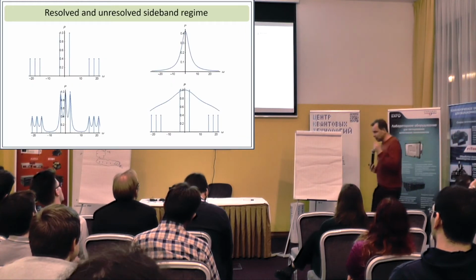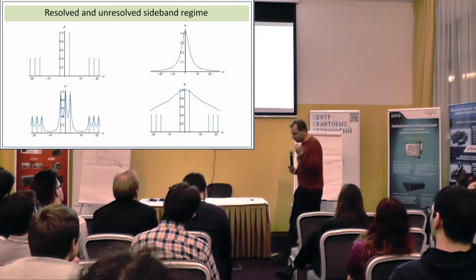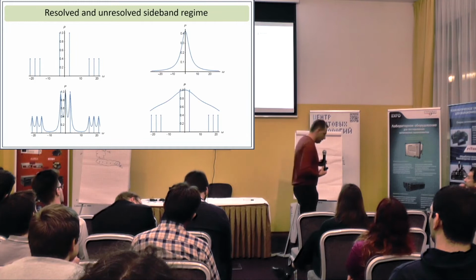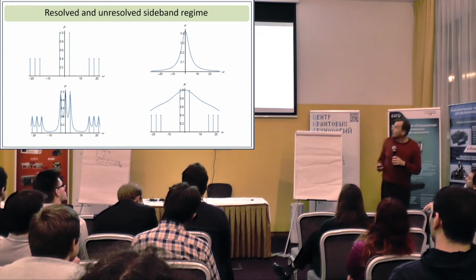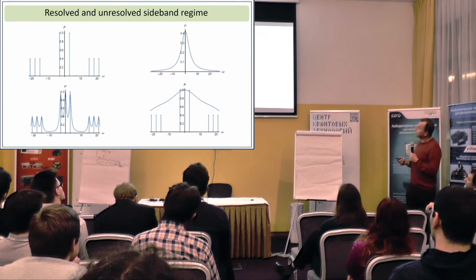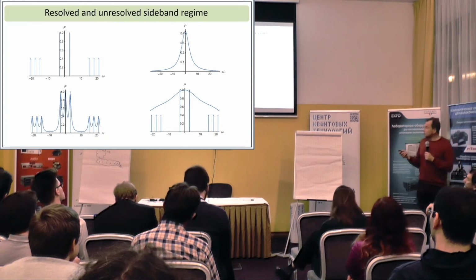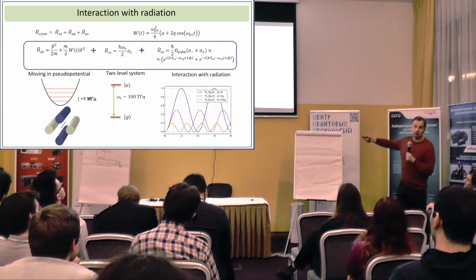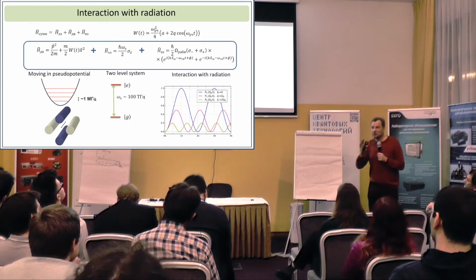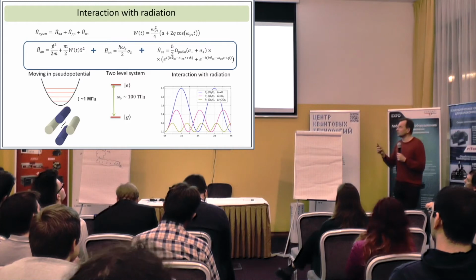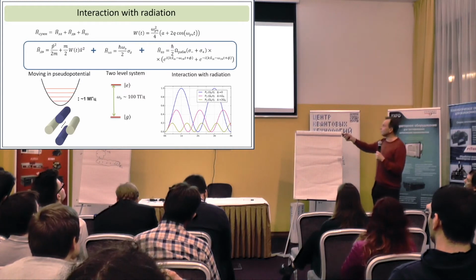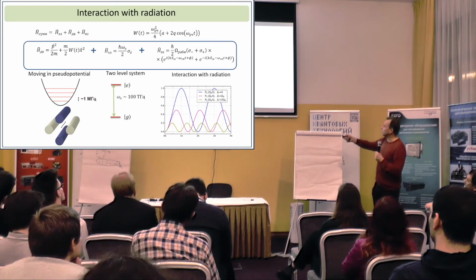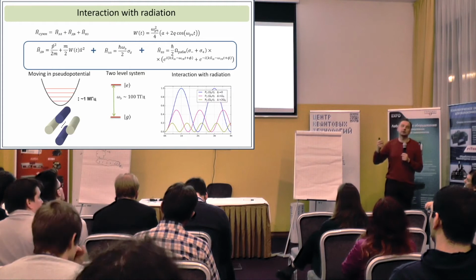So if we go further and we think about manipulation with single ions and their states, we have to distinguish between resolved and unresolved sideband regime. So if we assume that this electronic transition is very narrow, it's not always true. We give the scales that you see, the typical strong coupled transitions in ions.